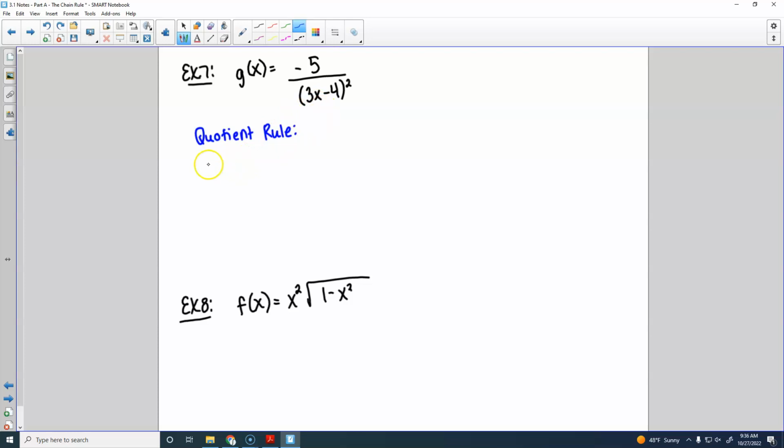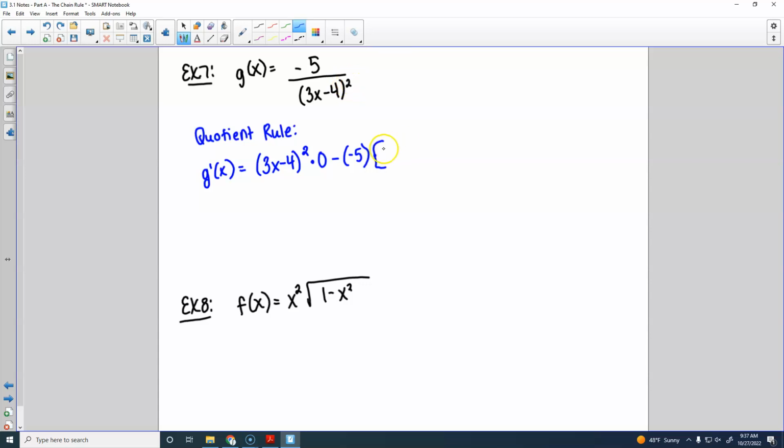So, quotient rule, g prime of x would be low, 3x minus 4 squared, times the derivative of the high, which is just 0, minus high, derivative of the low. What have I got to use to take the derivative of the low? I've got to use chain rule to take the derivative of that bottom part, right? Because it's 3x minus 4 squared.